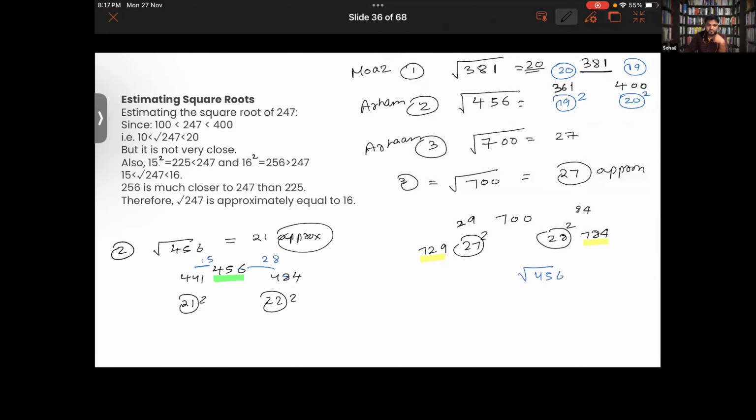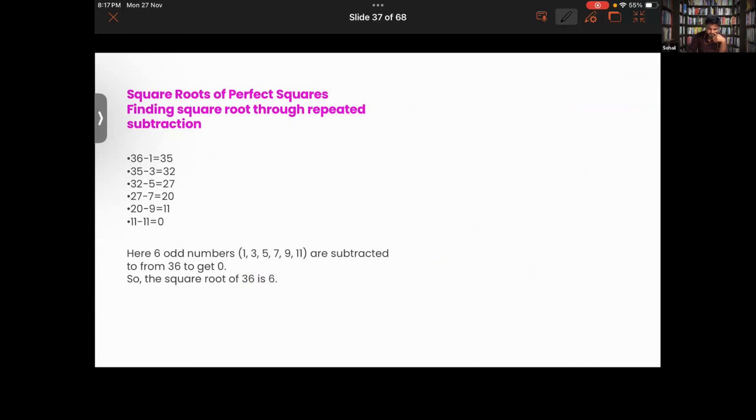I hope everyone has no doubt in this now. Shall we move ahead? Now we are going to find square roots by the method of repeated subtraction. Remember, moments ago we were doing a similar thing to check whether a number is a perfect square.